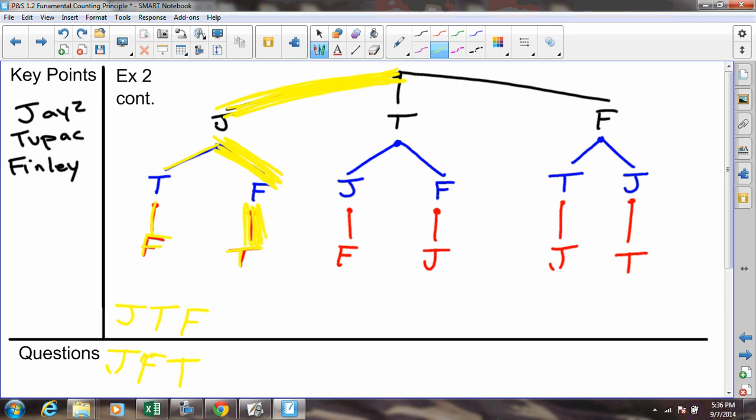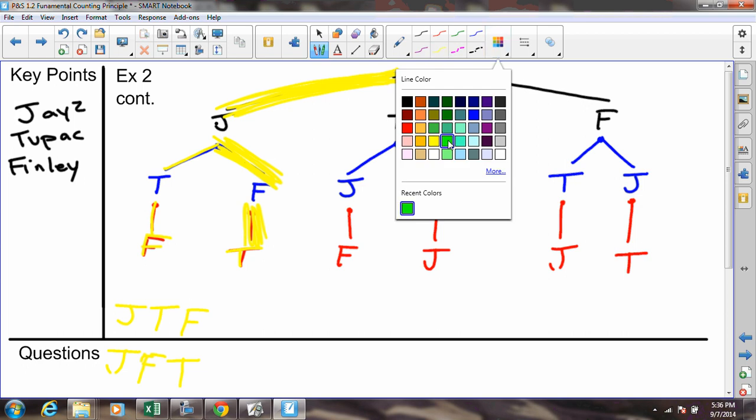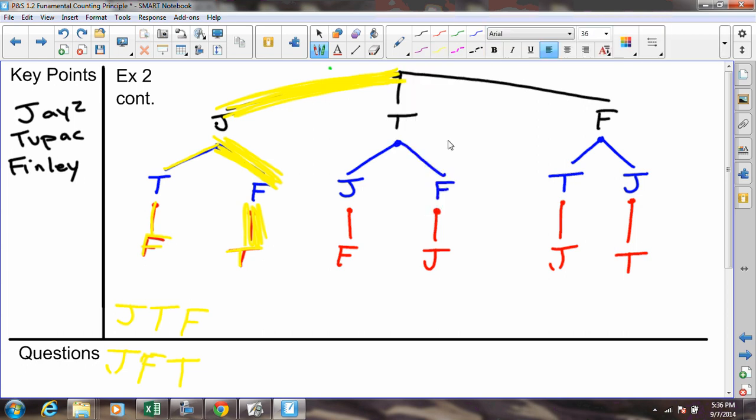So I could say, and I'm going to switch this one to kind of this greenish color because I didn't get to use that yet. I could have Tupac be first, followed by Jay-Z, followed by Finley. So Tupac, Jay-Z, Finley. Following the same end line, Tupac, Finley, Jay-Z.